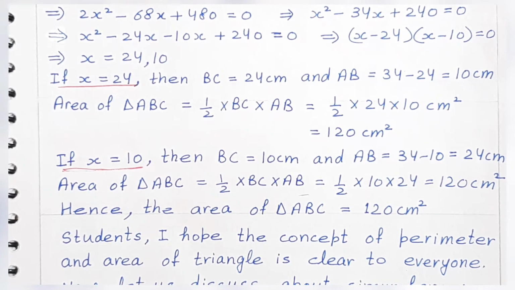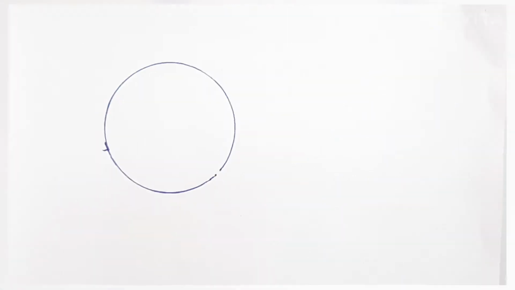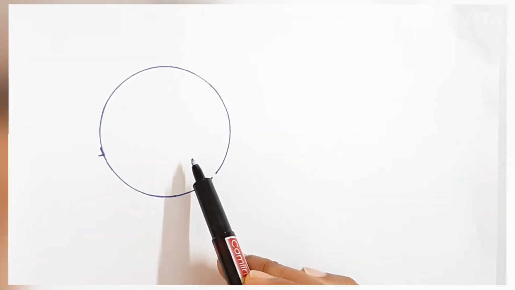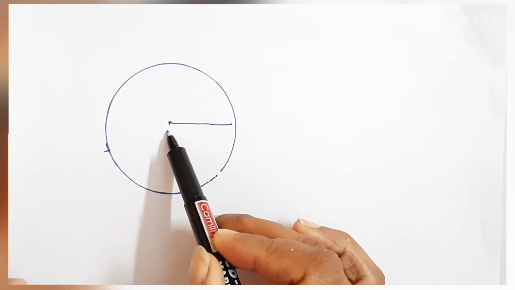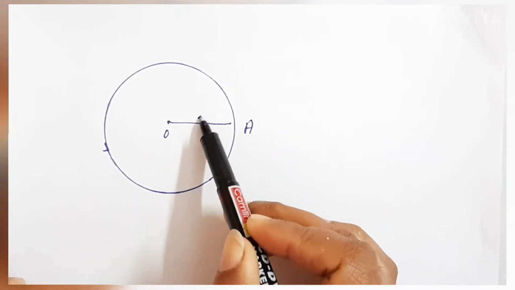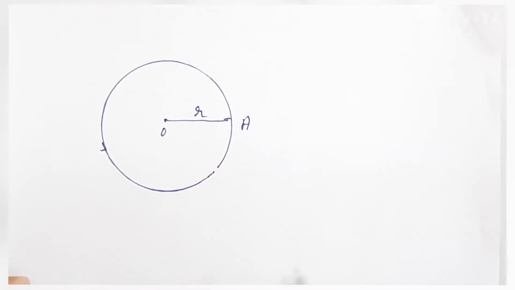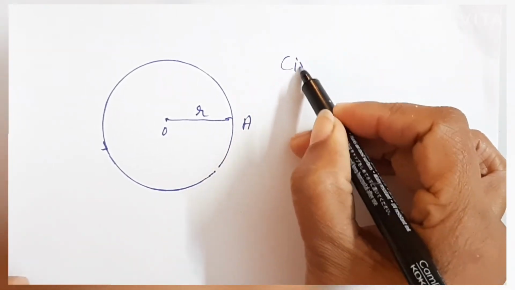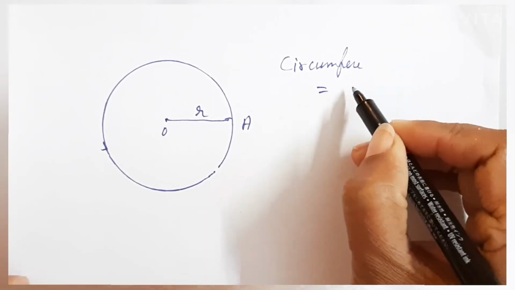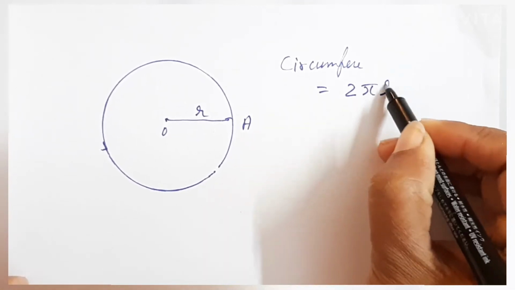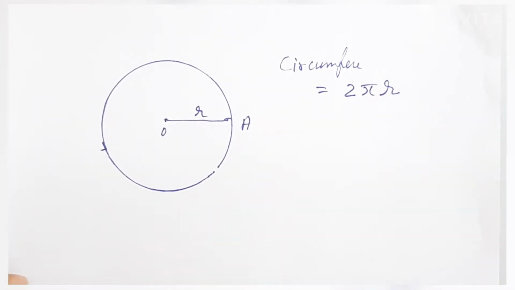Now, let us discuss about circumference and area of circle. Circumference of a circle is, now see here, OA is R, that is the radius. So circumference is 2 pi R. Clear?